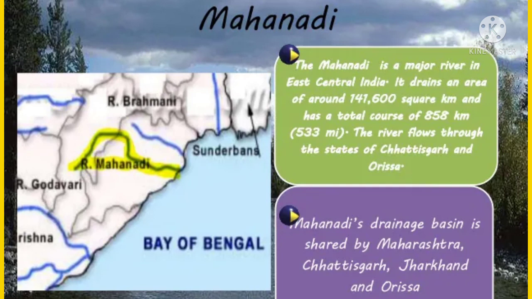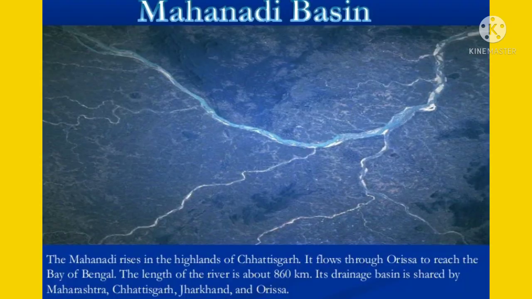It is 851 km long and its catchment area spreads over 1.42 lakh square kilometer. Some navigation is carried on in the lower course of this river. 53% of the drainage basin of this river lies in Madhya Pradesh and Chhattisgarh, while 47% lies in Odisha.